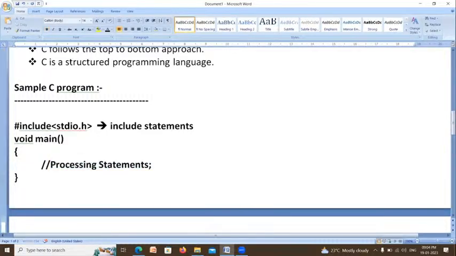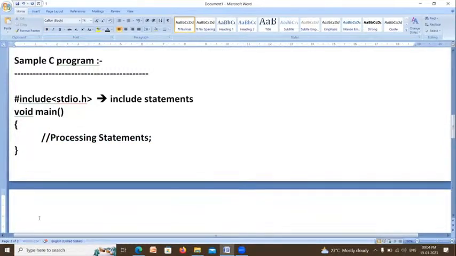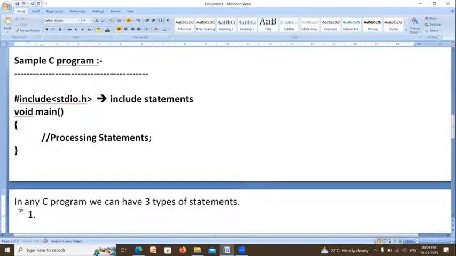Right. Now tell me what I explained. In any C program, we can have three types of statements. What are those? First one is include statements. Second one is main method, also called main function.